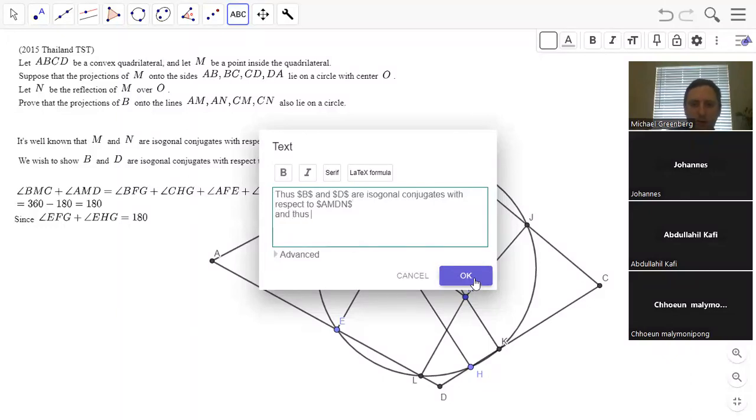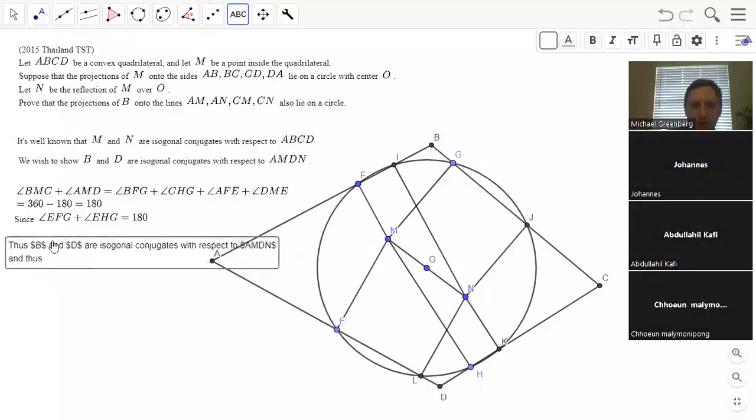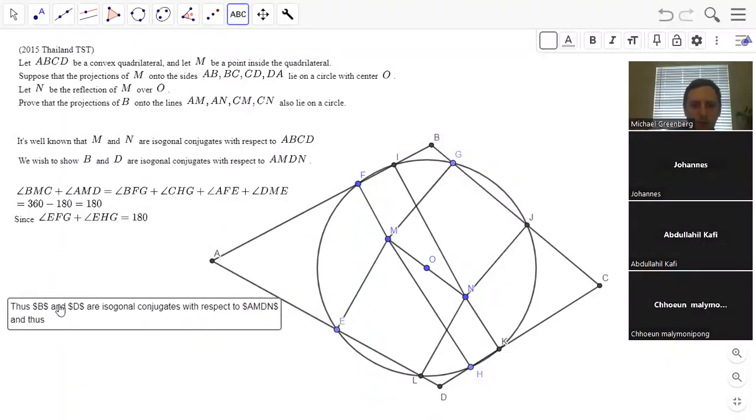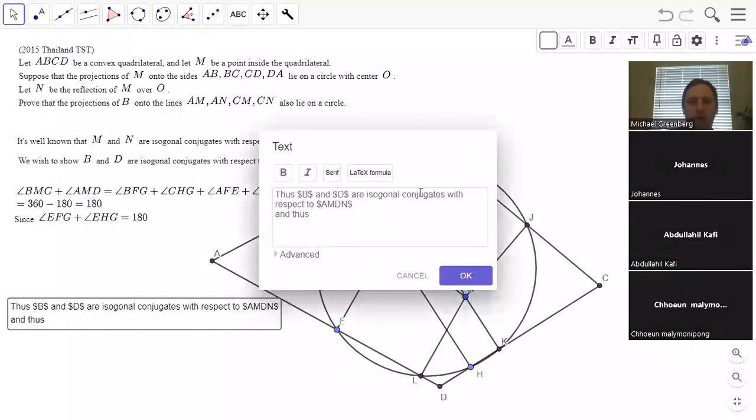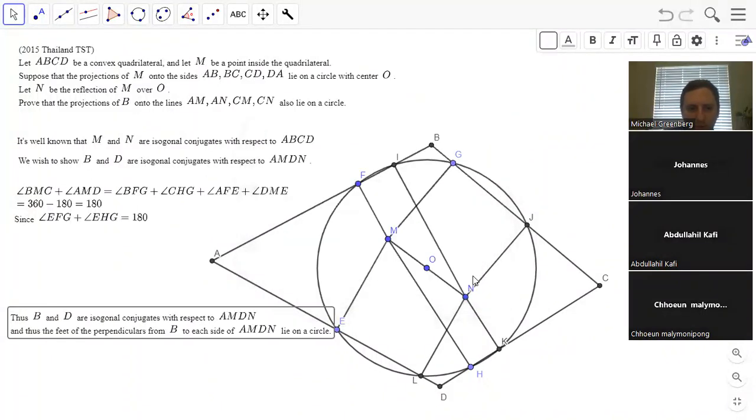Thus, the feet of the perpendiculars from B and D to each side lie on a circle. All right, I think we've got this. Perpendiculars from B to each side of AMCN lie on a circle. All right, we can move on to the next problem, but yeah, thanks a lot for that.